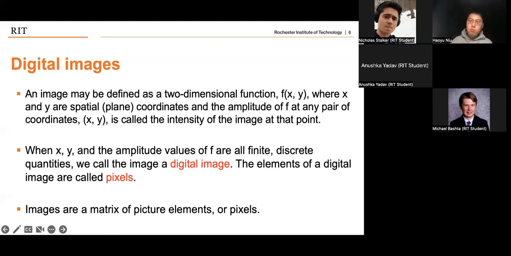Digitizing the amplitude is called quantization. So that's the difference between sampling and quantization. Let's say it one more time: digitizing the coordinates is called sampling, and digitizing the amplitude is called quantization. Therefore, when x, y and the amplitude values are all finite, discrete quantities, we call the image a digital image. The elements of a digital image are called pixels.